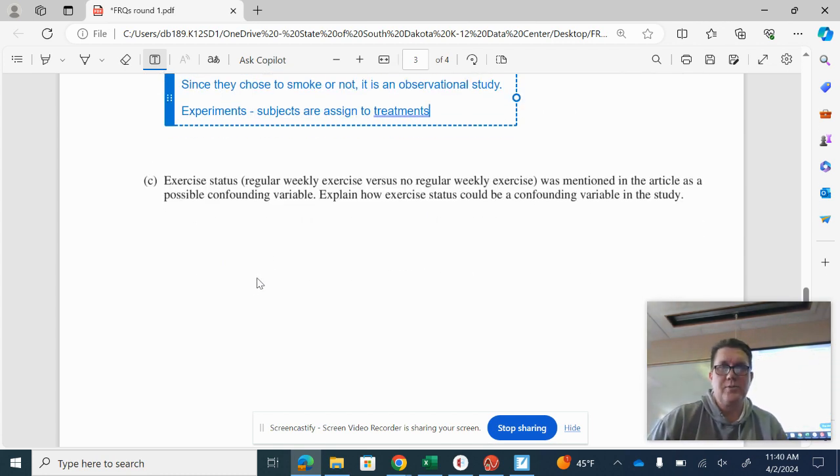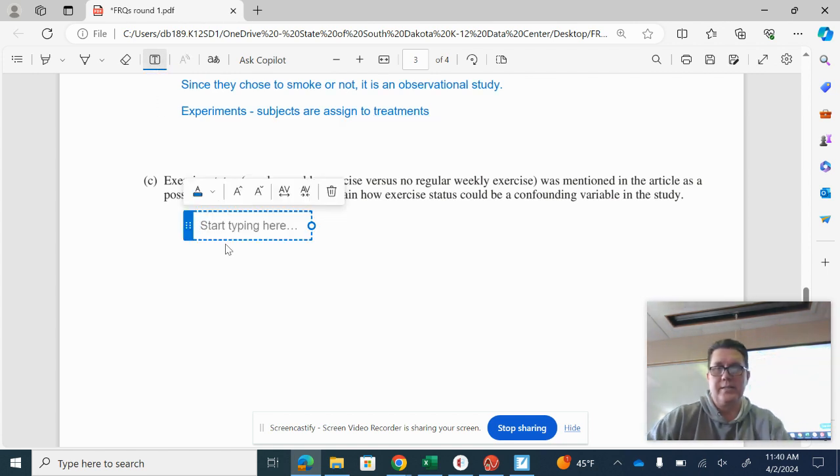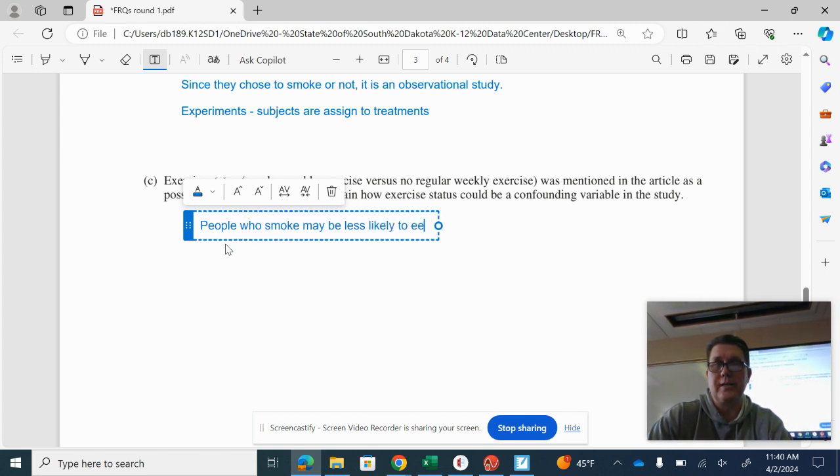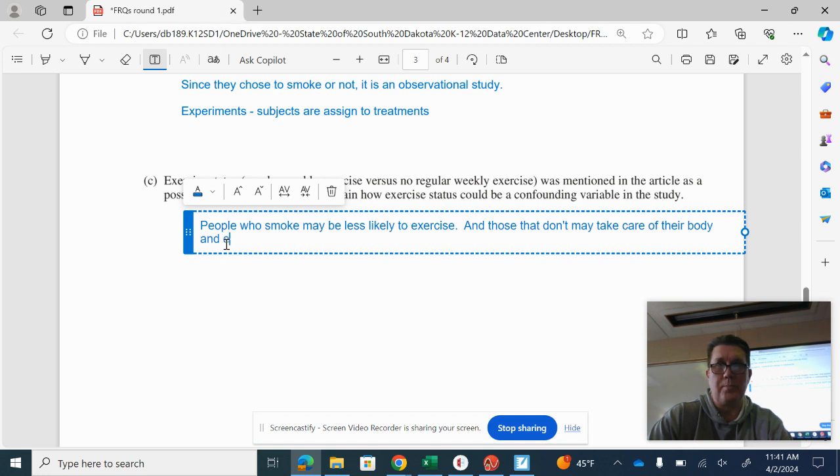Now, exercise status, regularly weekly exercise versus no weekly exercise was mentioned in the article as a possible confounding variable. How could it be confounding in the study? Okay, well, people who smoke may be less likely to exercise, and those that don't may take care of their body and exercise more.